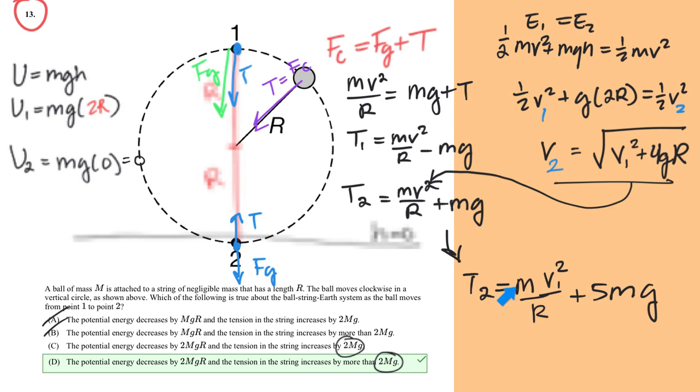So that's a lot. The tension at point 2 is going to be a lot more than at position 1, so therefore it's going to be increasing by more than 2 mg.